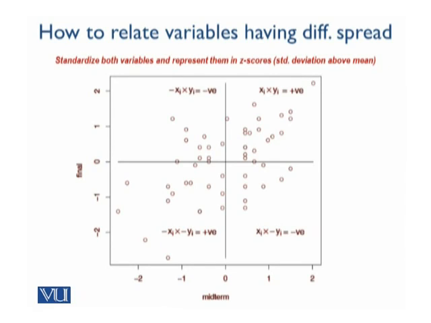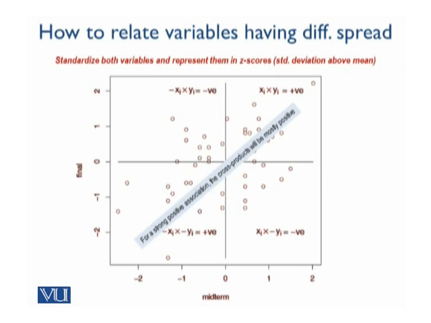So if most of your values are in the first and third quadrant, we would say that we have positive correlation. And if most of the values are in the second and the fourth quadrant, we would have negative correlation. So we can see here that for a positive association, the cross products would be mostly positive, and we'd be seeing the significance of these cross products.